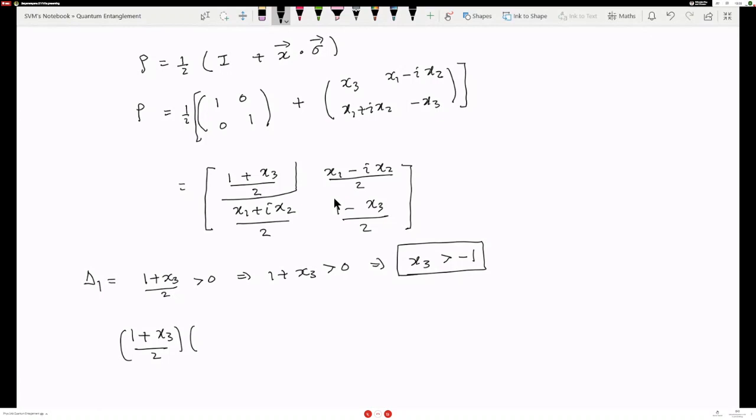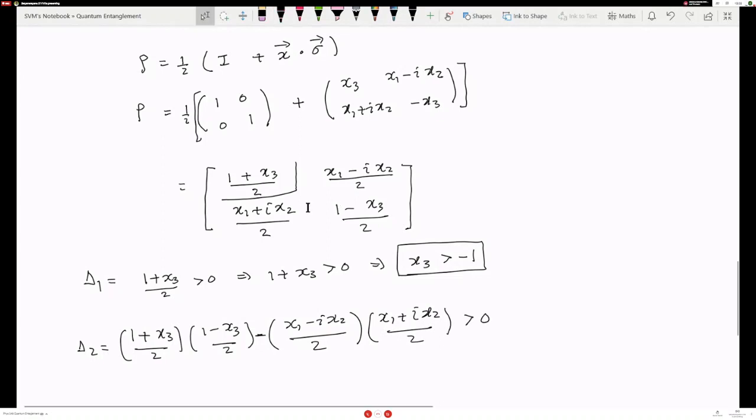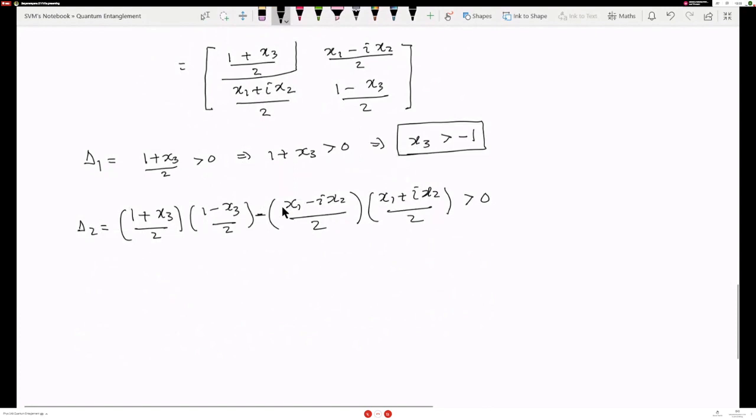Now I am going to take delta 2: (1 minus x3) by 2, minus (x1 minus ix2) by 2 into (x1 plus ix2) by 2, and this has to be greater than or equal to 0.